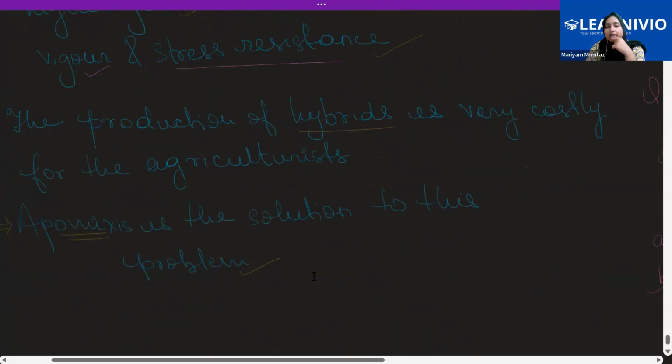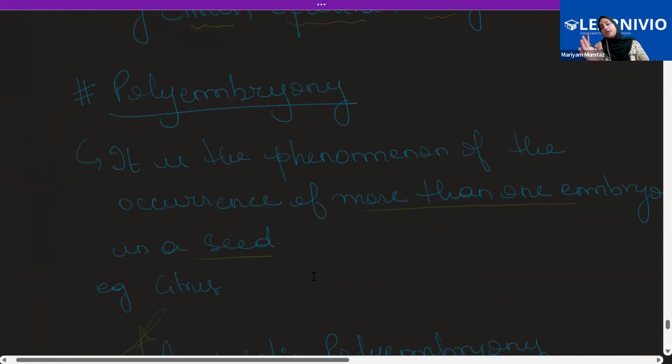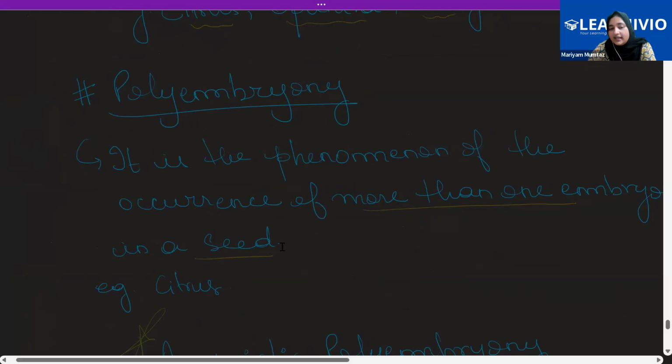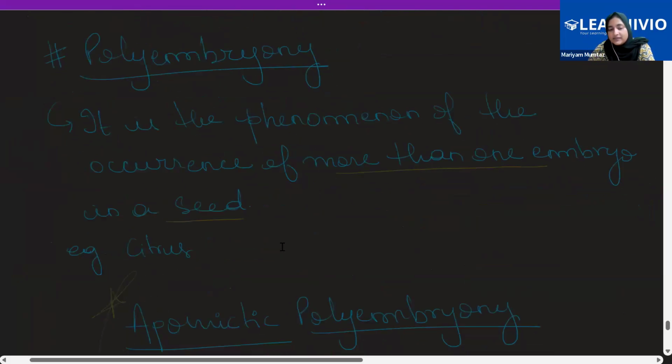I think this is the last topic, that is polyembryony. Now, poly means multiple and embryony refers to the embryo existence. So when more than one embryo is found in the seed, we call it polyembryony. Such a thing exists in the citrus.